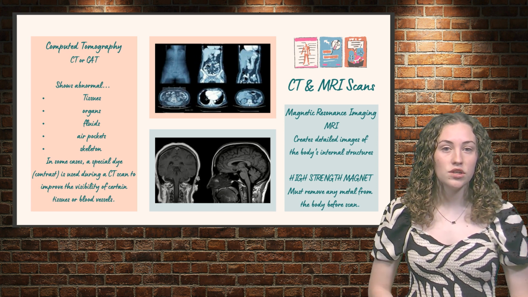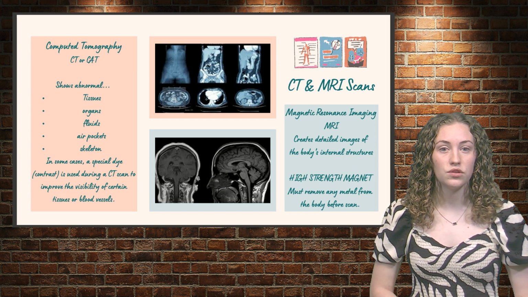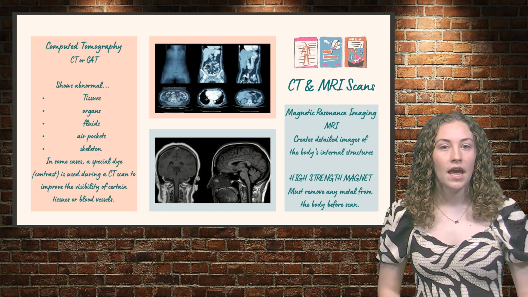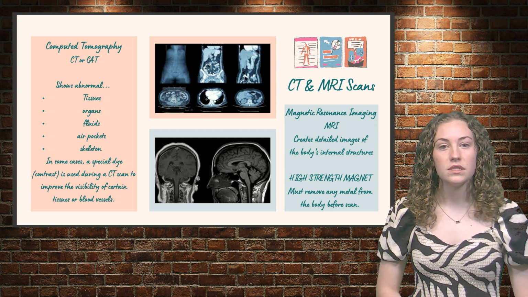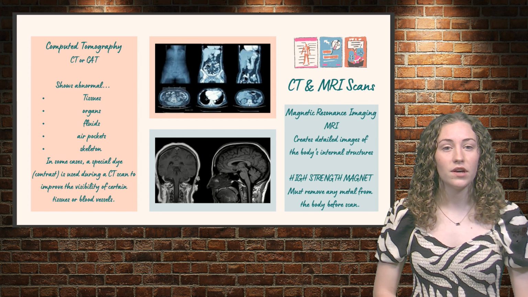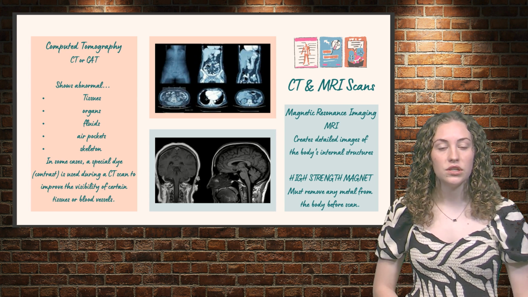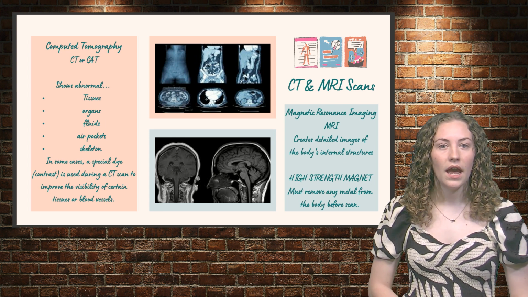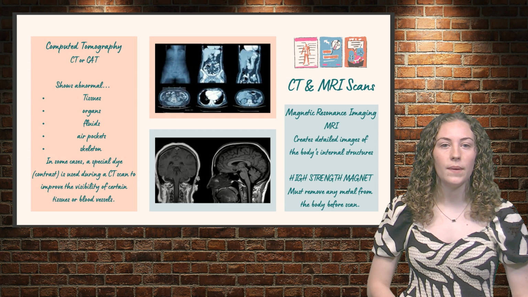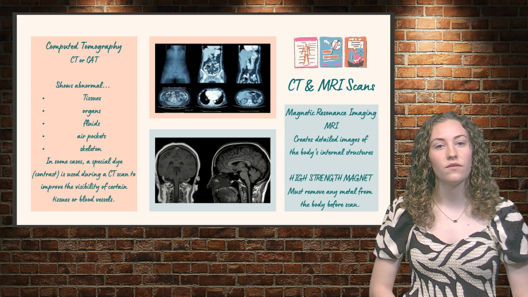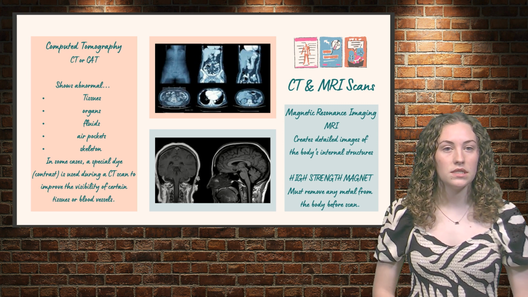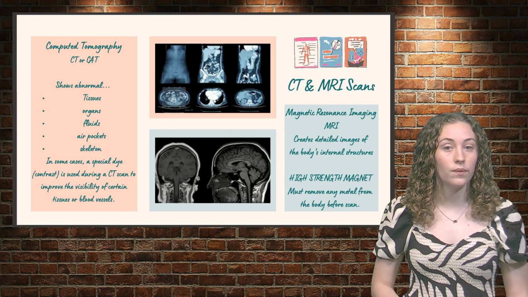And in many cases, you are also going to use a special dye called contrast. This is going to be used to differentiate different tissues, air pockets, and organs in the body to make it easier for the people afterwards to assess and read.